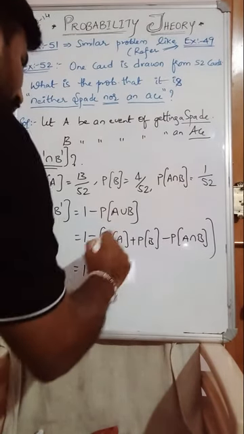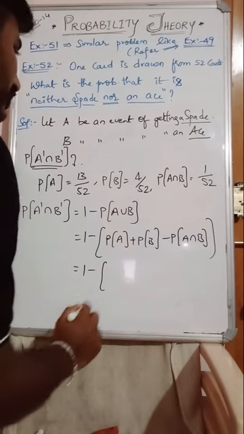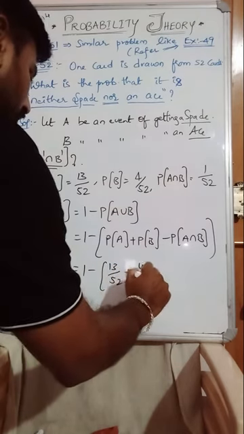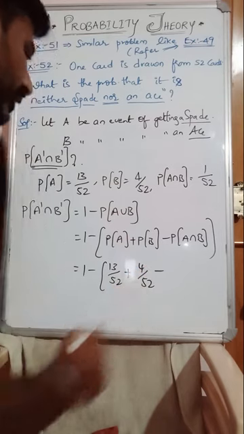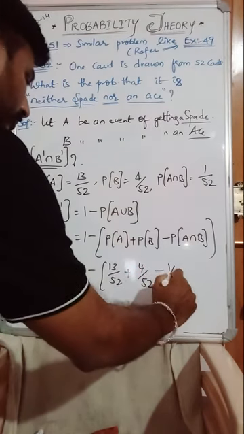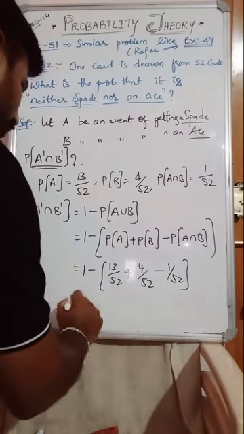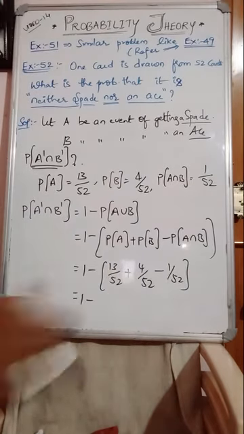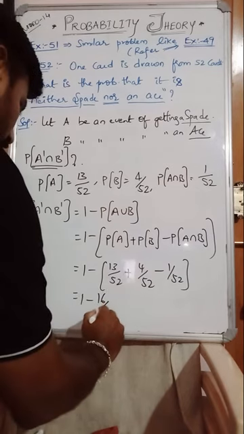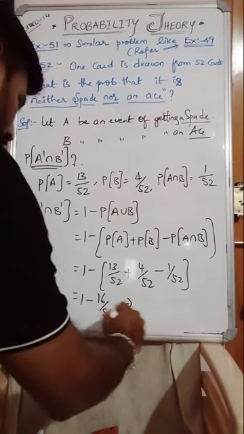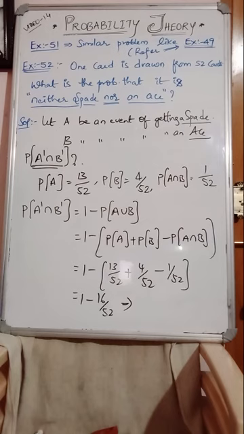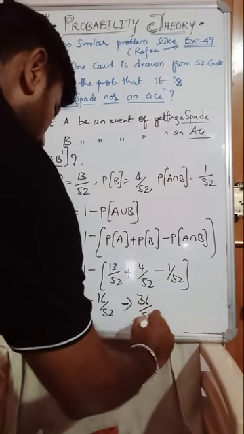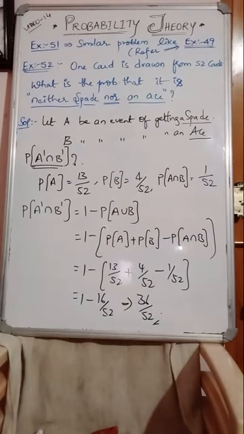So 1 minus, P of A is given as 13 by 52, plus P of B is 4 by 52, minus intersection 1 by 52. Therefore 1 minus 13 plus 4, 17, 17 minus 1, 16 by 52. 1 minus 16 by 52 is the solution.